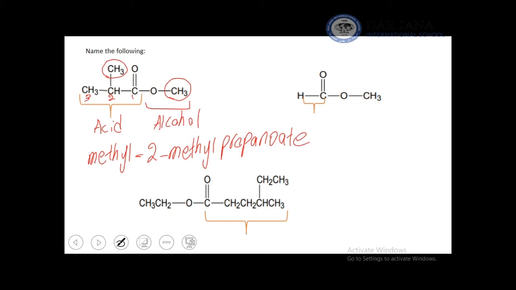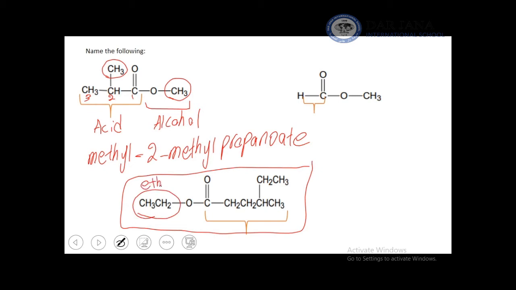Let's name this molecule. Okay, so where's the alcohol part here? The alcohol part here is on the left side. On the left side we have this substituent, ethyl. The carboxylic acid part is hexanoic acid, but for sure I will not write hexanoic acid.